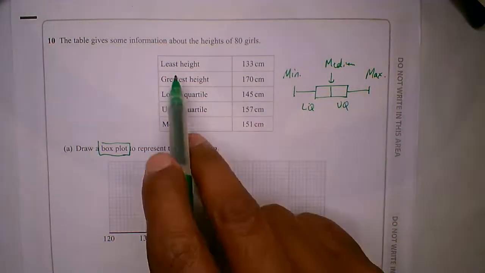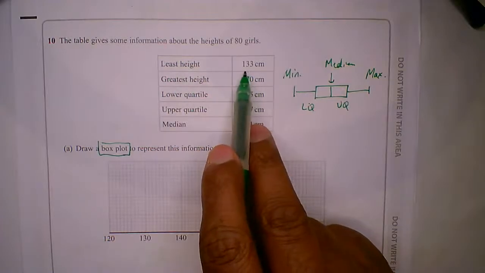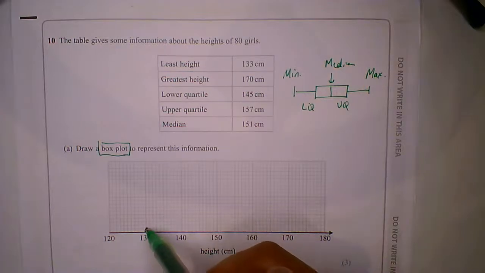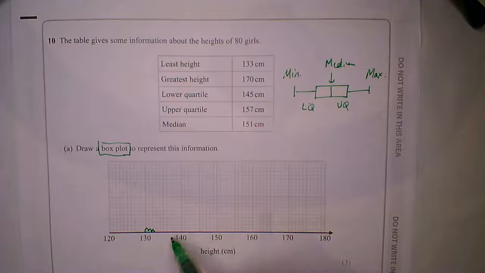So what's my minimum value? Least height is 133. I can see here there are 10 squares, so 10 boxes equals 130 to 140, 10 units. So each box represents 1 unit.